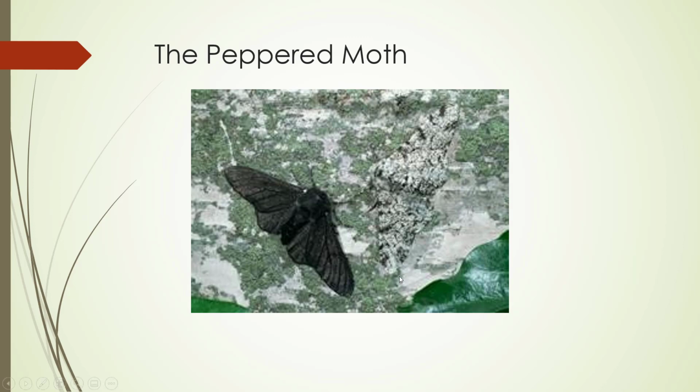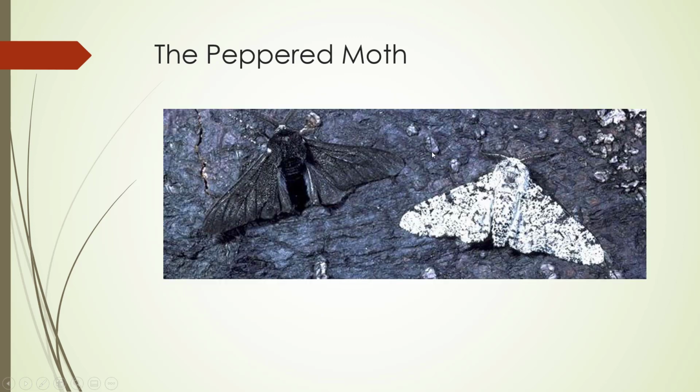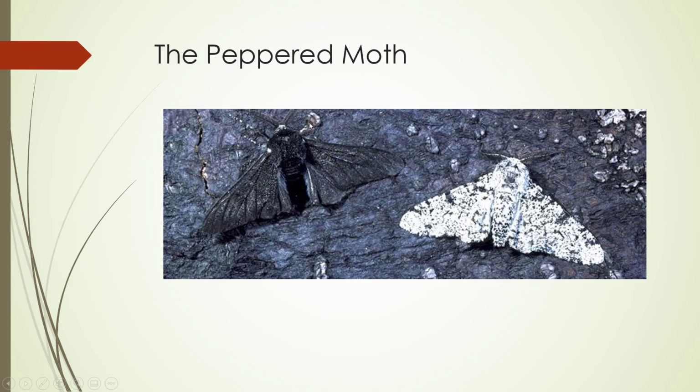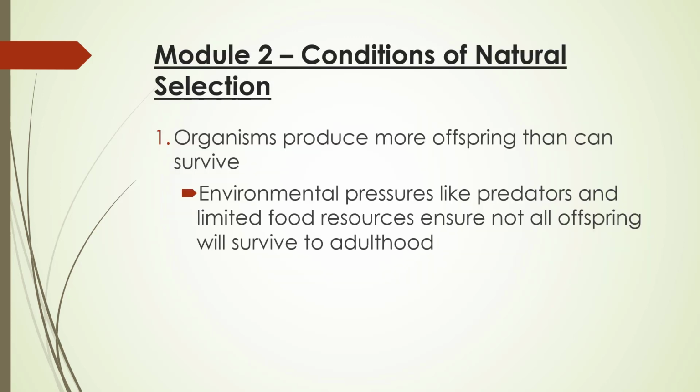Then the black moth was pre-adapted for the change and was the one that ended up being able to survive and reproduce. And so this population evolved from being a mostly light-colored moth to most of the population being a dark-colored moth. So that is evolution that we have actually been able to watch happen.